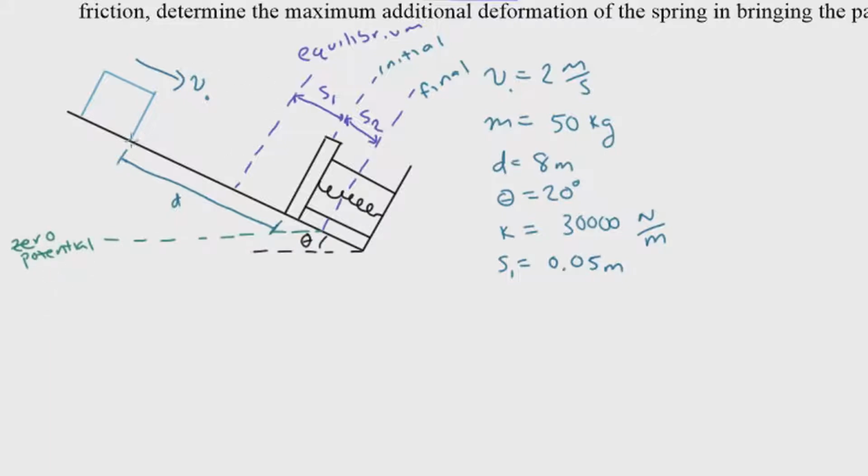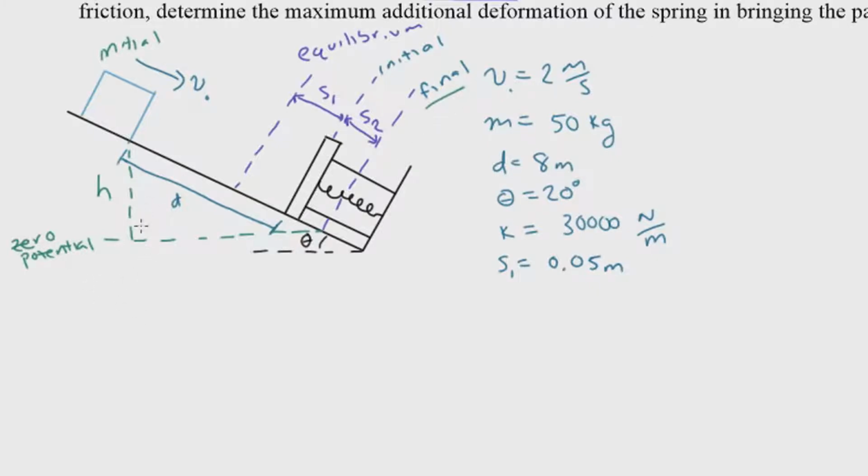So we could define the initial position as the state that's drawn right here for the package. I'm going to use this point and draw a vertical line downward, and that's going to define our initial potential energy in terms of gravity. So we could define this height as h. This is the initial state of the box, and the final state of the box is going to be the same as the final state of the spring.